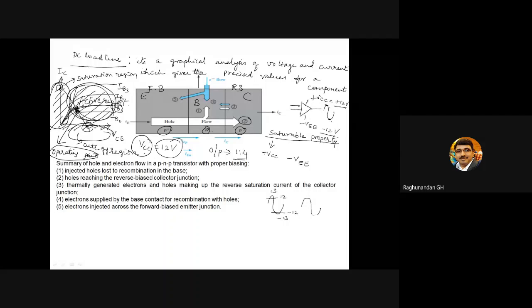Can anyone tell me, when I increase more and more reverse bias, what might happen? One thing is the depletion layer will increase. Other than that, what can happen?